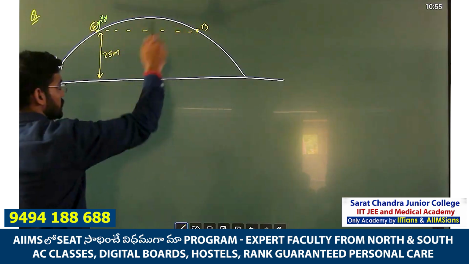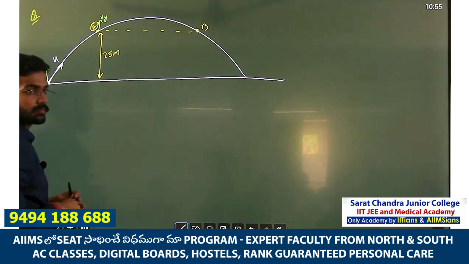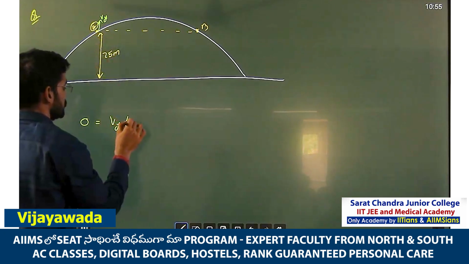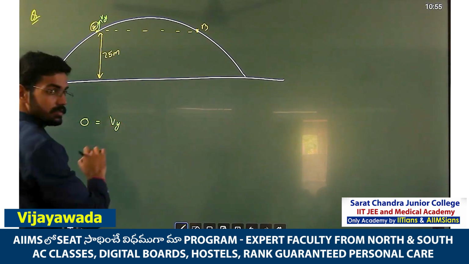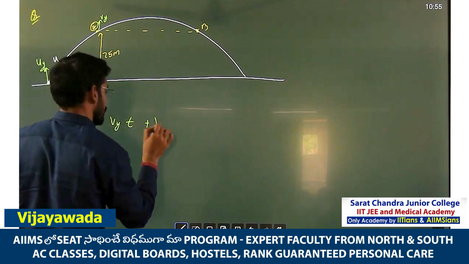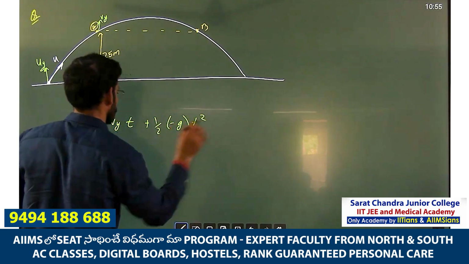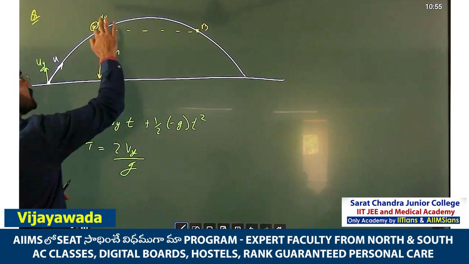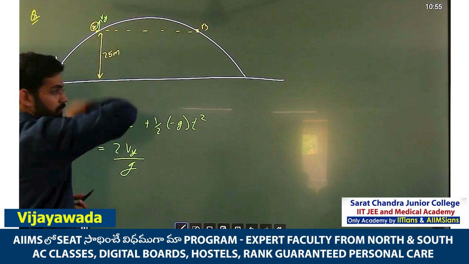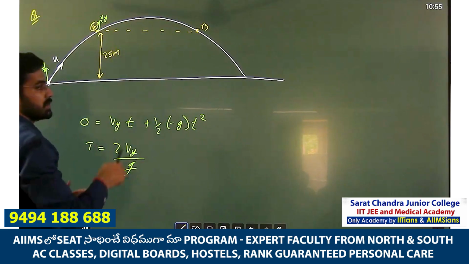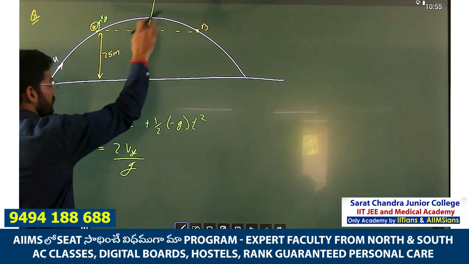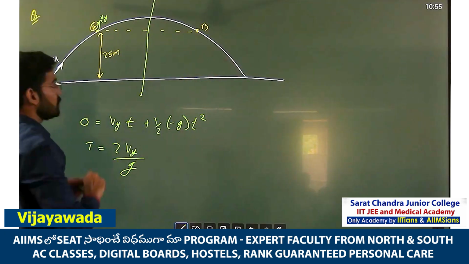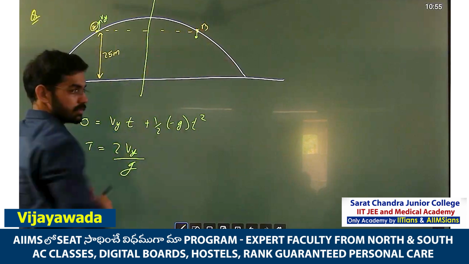Between these 2 points, if you apply the equation of motion, S equals displacement 0, equals Vy into t, that is 4, plus half acceleration minus g into t square. So t equals 2 Vy by g. Something like that. Here to here only there is a part which is also a projectile. In a projectile, when you see, this half and this half are symmetric. Just here it is going up, here it is going down. Velocities are also exactly opposite.